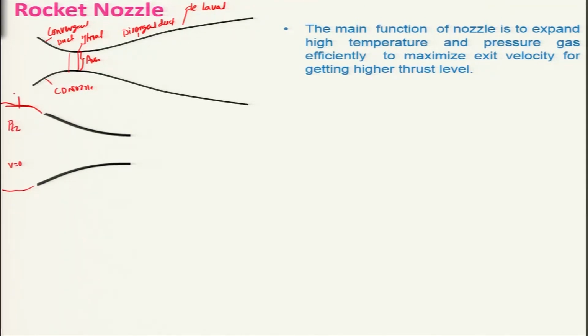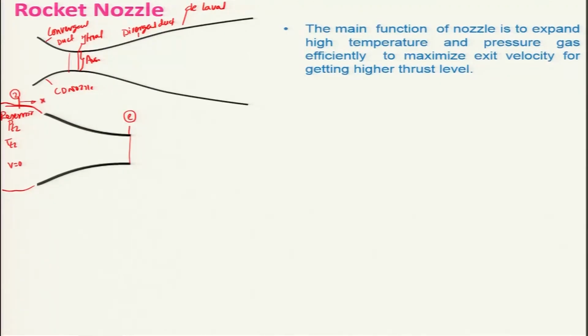I can consider this as station 2, along the x direction, with temperature T2. This is the reservoir pressure and temperature, and this is your exit plane, which I can call E.